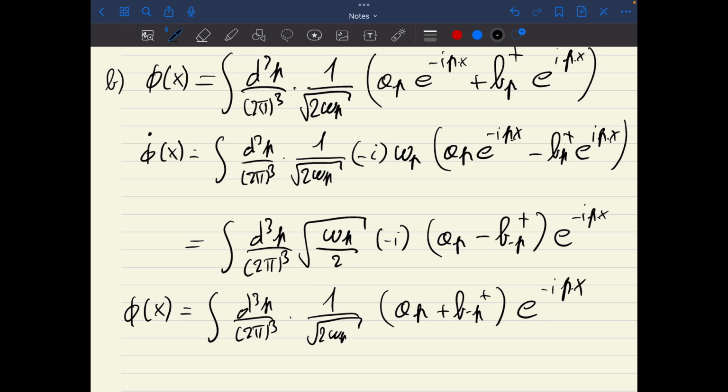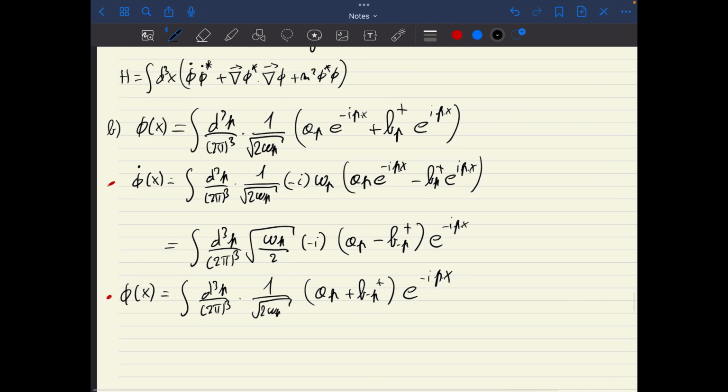Okay, so we have these two quantities here, that's one, that's two. We also need the conjugate of this quantity, but that's something that we can just compute on the spot when we need them.